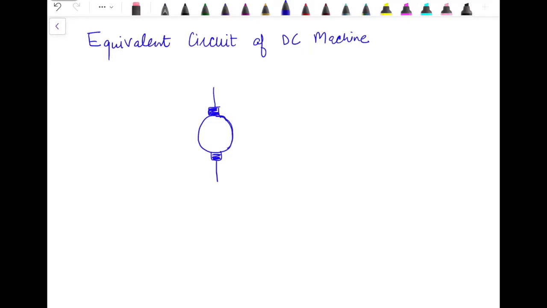These are representing the brushes, and here we have the voltage, and the field winding is placed like this. So this one is the representation of the field winding.